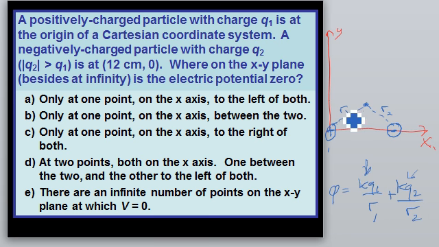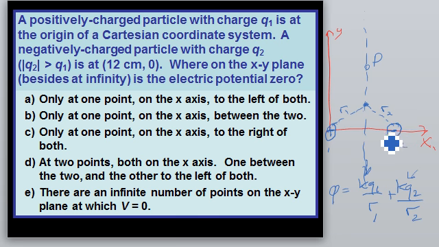And there's going to be an infinite number of places where they're the same size. If Q1 and Q2 both have the same magnitude of charge, it'll be an infinite plane or infinite line of points everywhere on this line. Any point on that line, the distance from 1 to point P is the same as the distance from 2 to point P.